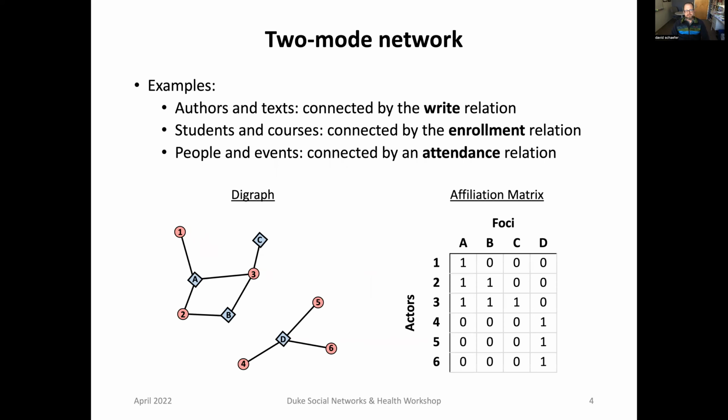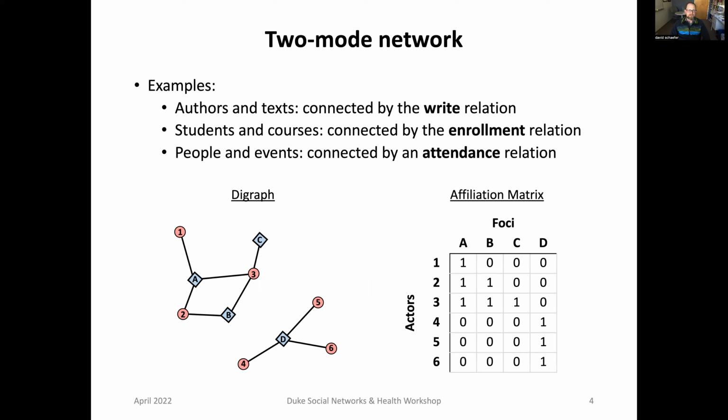Here's an example of a two-mode network. This is just a simple one where we have nodes designated by their mode. In this case, actors are circles and the foci are diamonds.